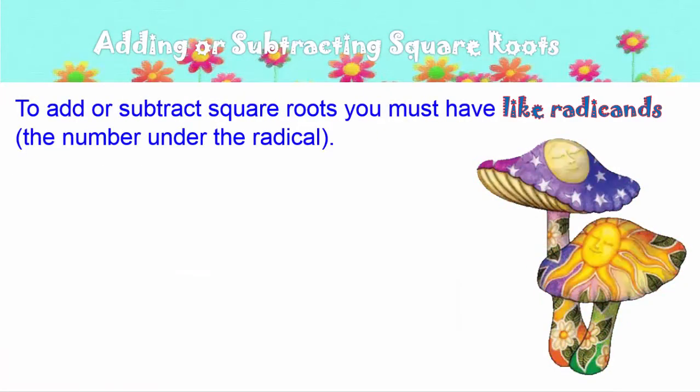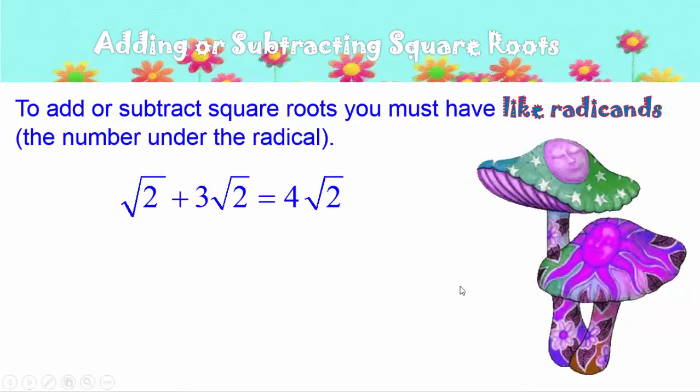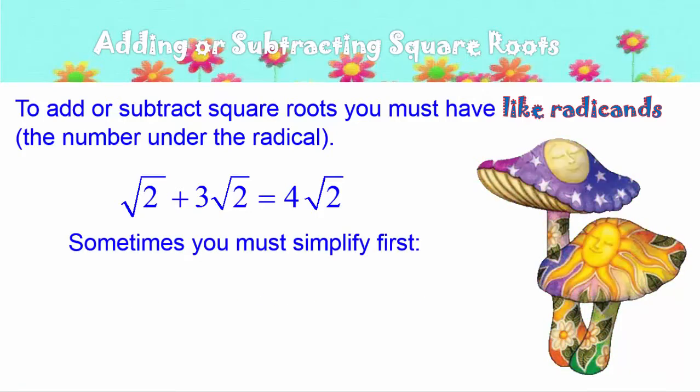To add or subtract square roots, you must have like radicands, the number under the radical. So here, if we were to combine these two, we have square root of 2 plus 3 square root of 2. When we combine these, because they both have the square root of 2, we would get 4 square root of 2.